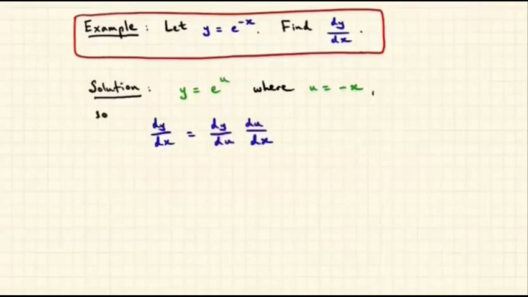So y is equal to e to the u, and well, we know the chain rule. dy/du is going to be e to the u, and du/dx is going to be minus 1. So we end up with minus e to the u, which is minus e to the minus x.